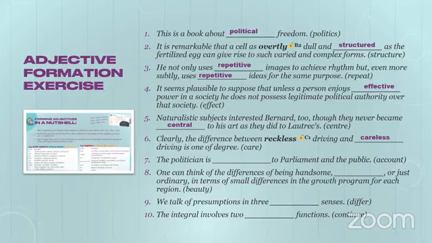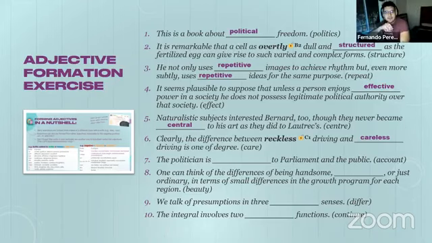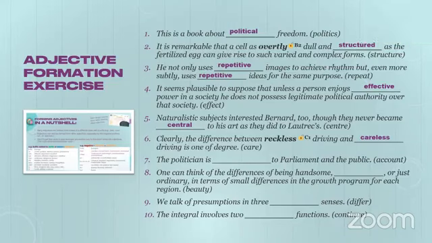Which one of the two is more likely to have an accident? The one that is drunk or the one that is sober, but very fast. A drunk driver. That's correct.